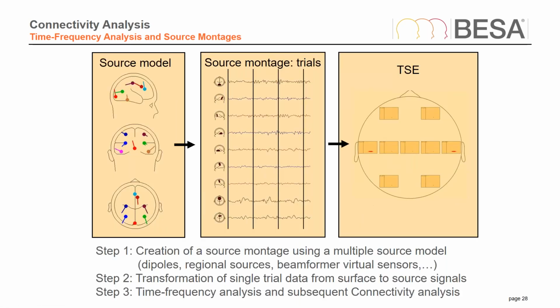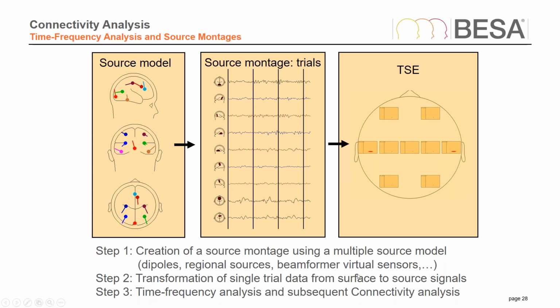The source montage allows us to calculate the response of the brain regions to the stimulus on the individual trial level. Say we have a source model like this on the left-hand side. This can have dipoles, like in this example. You can have regional sources that just summarize anything in a certain brain region without taking care of the orientation.